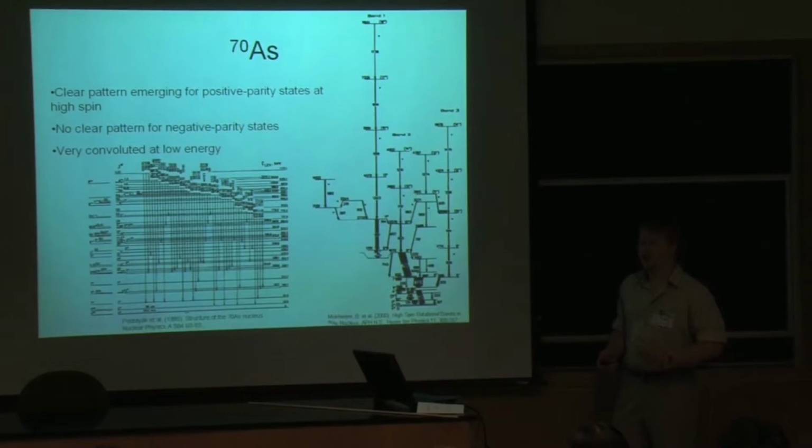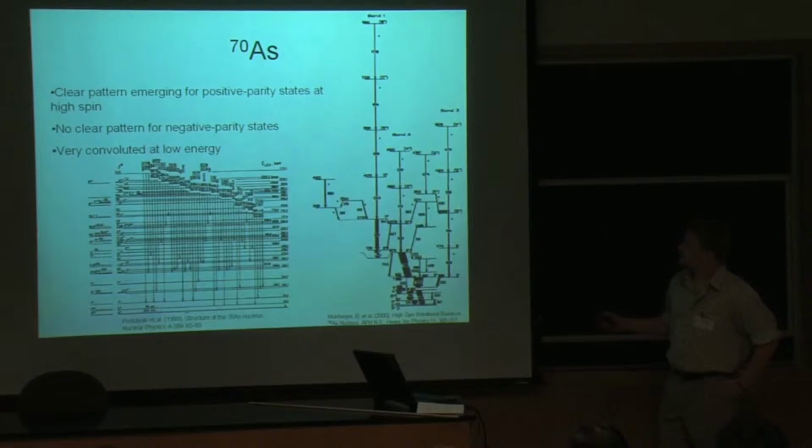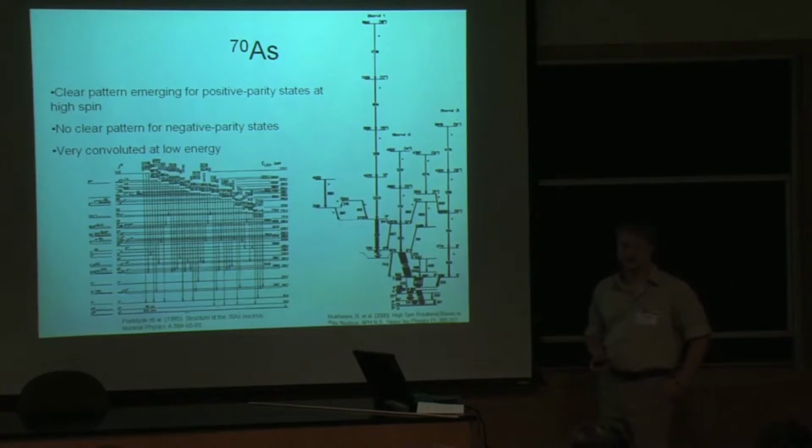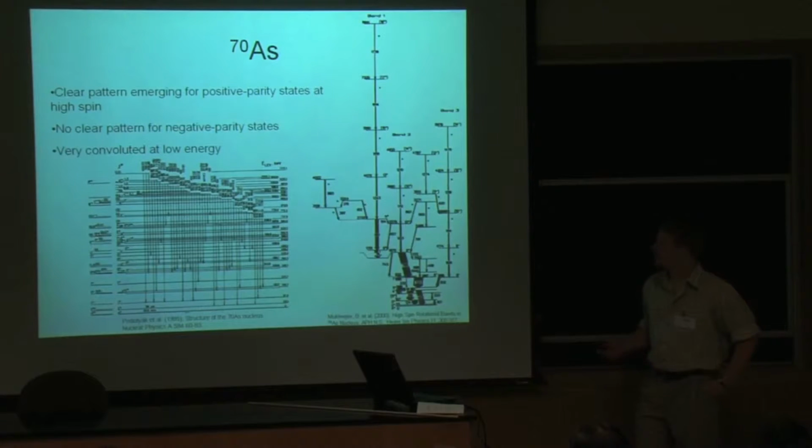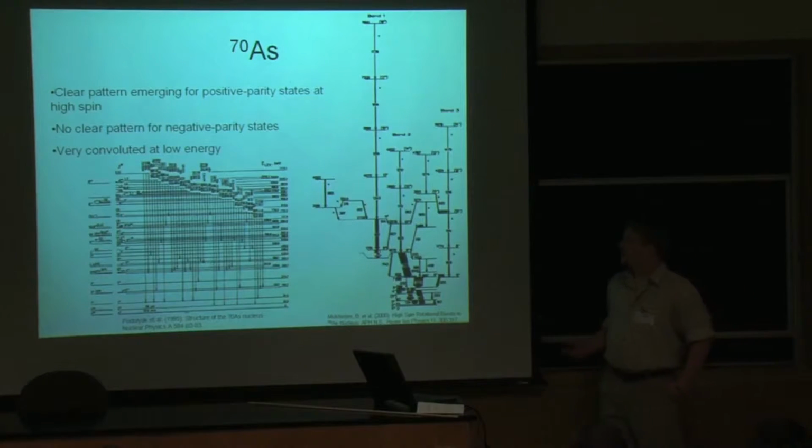Then we get to the nucleus that I actually did some analysis with. We see these bands forming here, but it gets busy toward the bottom, and there are some gaps in this level structure. It's not completely studied as of the publication of this level scheme, so we don't know whether it would be single particle or collective.